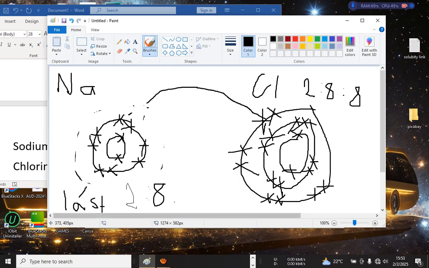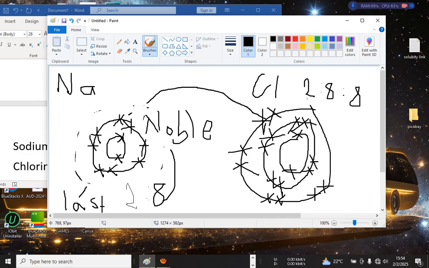So here we say that sodium has obtained a noble gas structure. The same goes for chlorine. It also has 2, 8, 8. If a shell has its maximum number of electrons, it is said to be completely full.